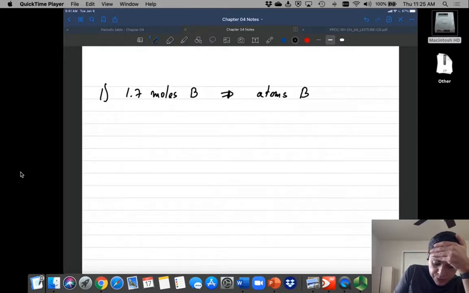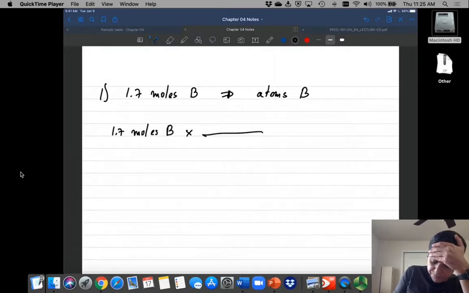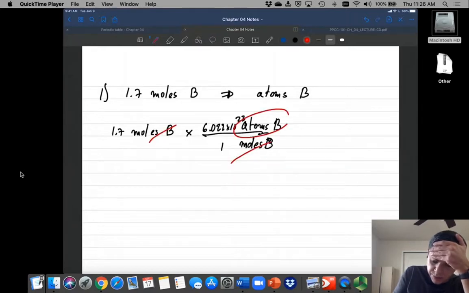So we do 1.7 moles boron times, we get rid of the moles of boron, and can we go straight to atoms of boron? And the answer is yes, because for this we use Avogadro's number. Okay, so units cancel, you get atoms of boron, perfect.